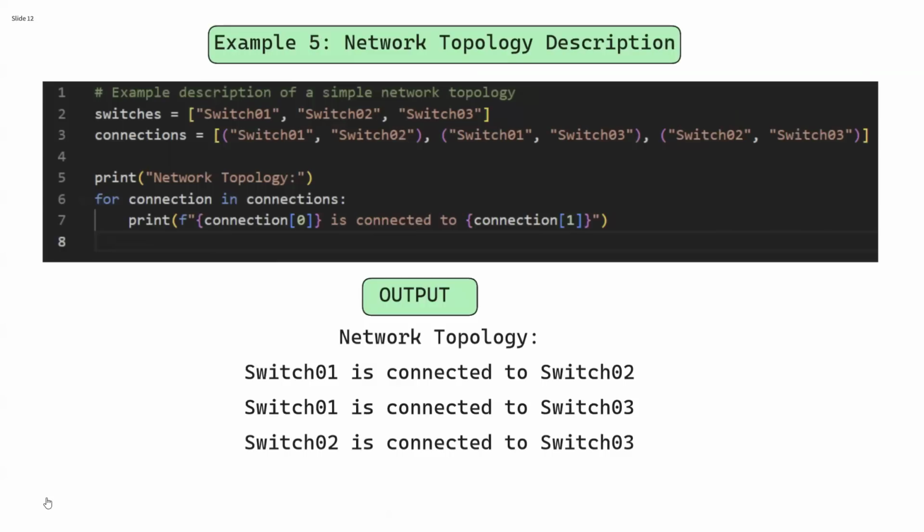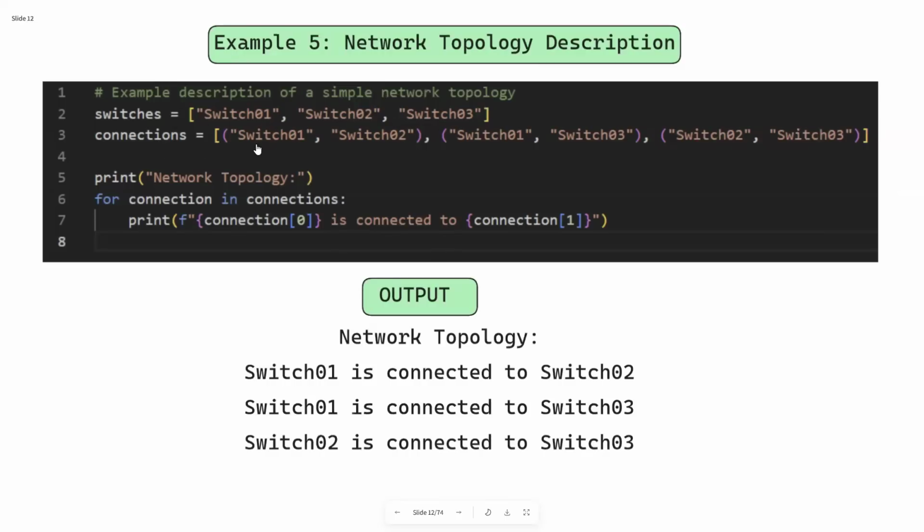In this program, we want to work on the network topology description. You can see that we have 2 different types of list. One is easy, a straightforward list. But the other list is a little bit complicated, because you can see switches, switch 1, switch 2, switch 3, and connections.